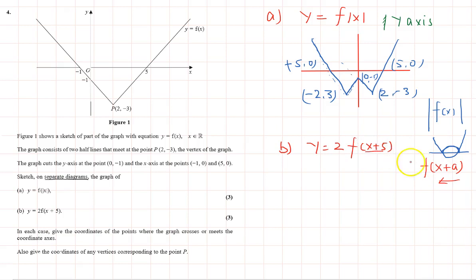This thing will only affect the x-axis. So here, let's say the points are: this one is minus 1 and 0. This point is x is 0 and y is minus 1. This point is 2 and minus 3. And this point is 5 and 0.